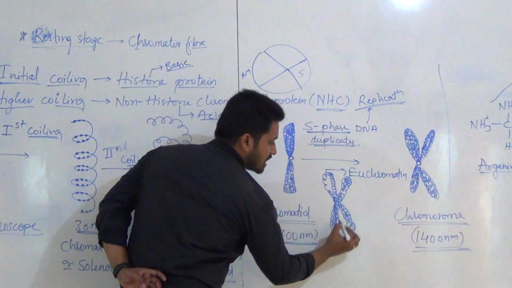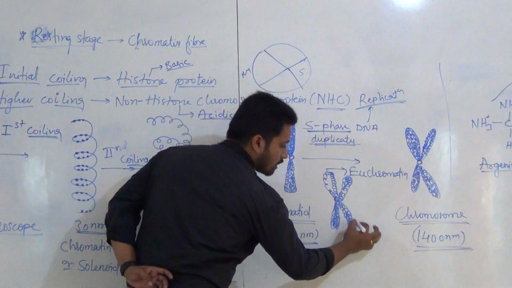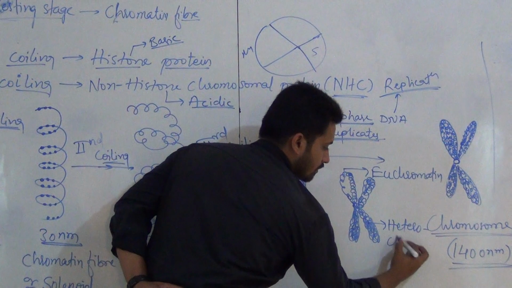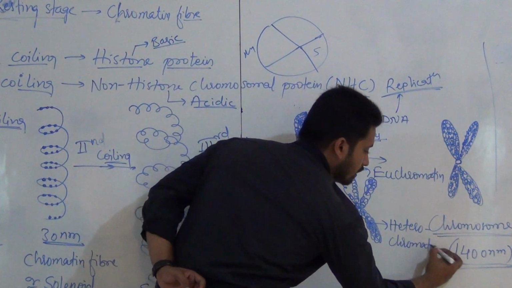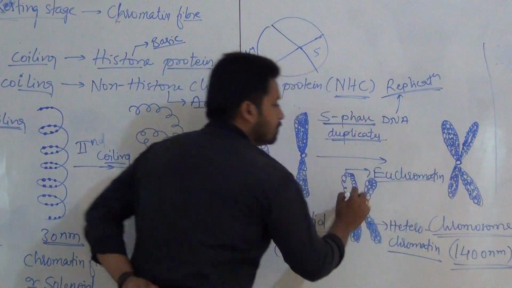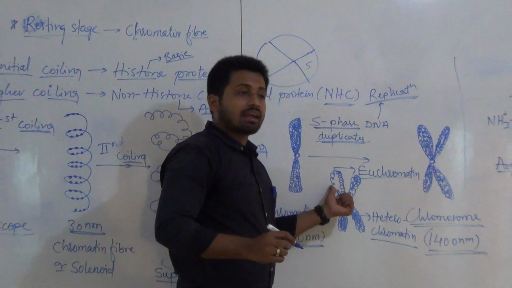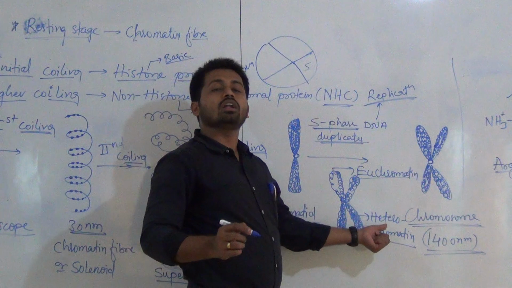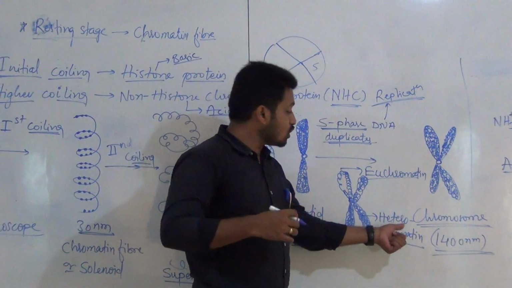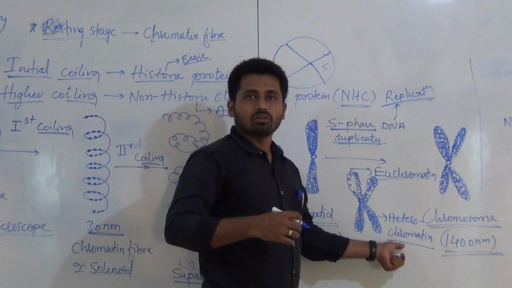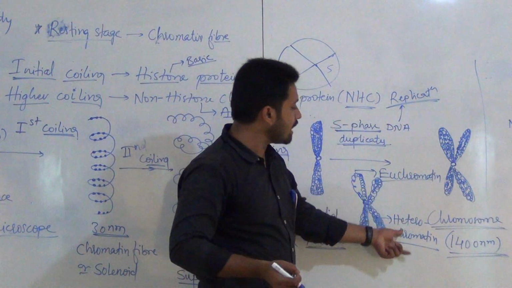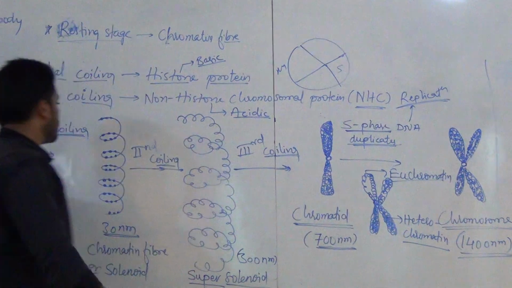The part which is densely packed, like this or like this, is called heterochromatin. Very important words: the part which is loosely packed is called euchromatin, and the part which is densely packed is called heterochromatin. Okay. Now coming to some extra kinds of euchromatin and heterochromatin.